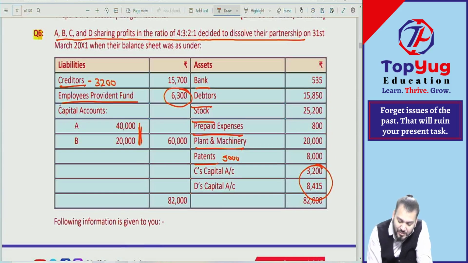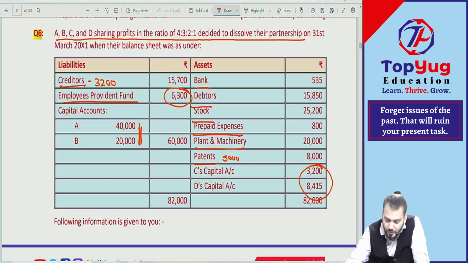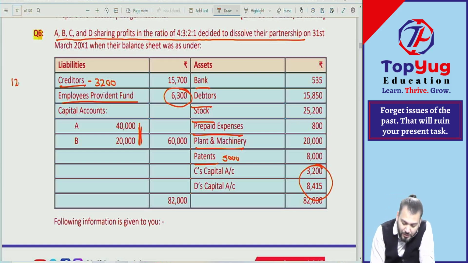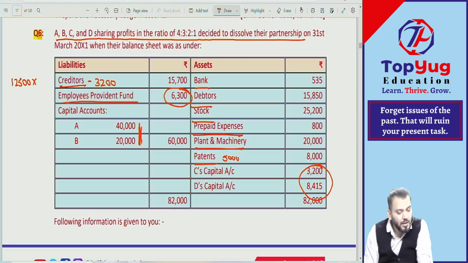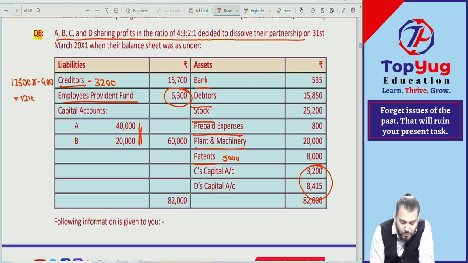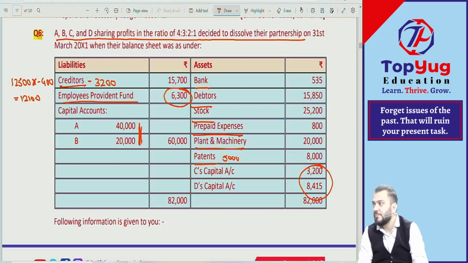The balance: 15,700 minus 3,200 is 12,500, paid at a discount of 400, so 12,500 minus 400 is 12,100. Write it down here only.